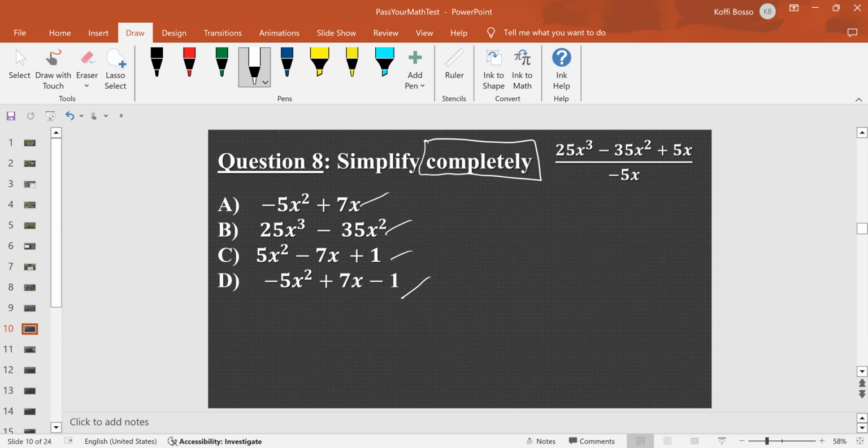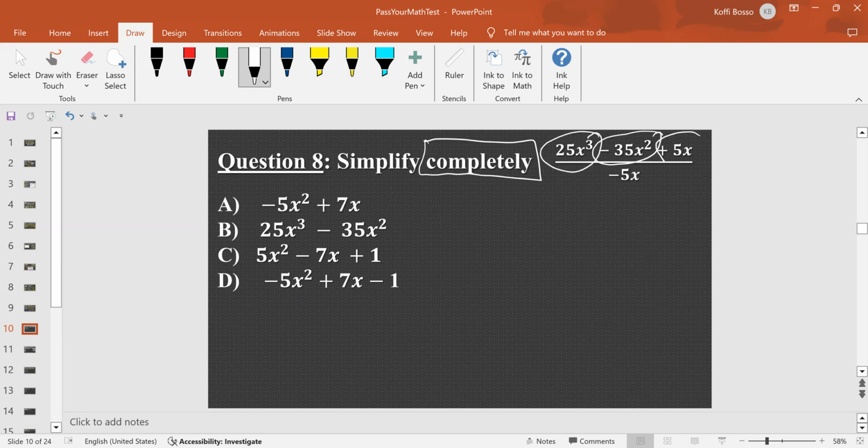So that means what? Probably this negative 5x here is cancelled out by something in the numerator. But understand that the negative 5x is not only for 25x cubed, it's also for negative 35x squared.